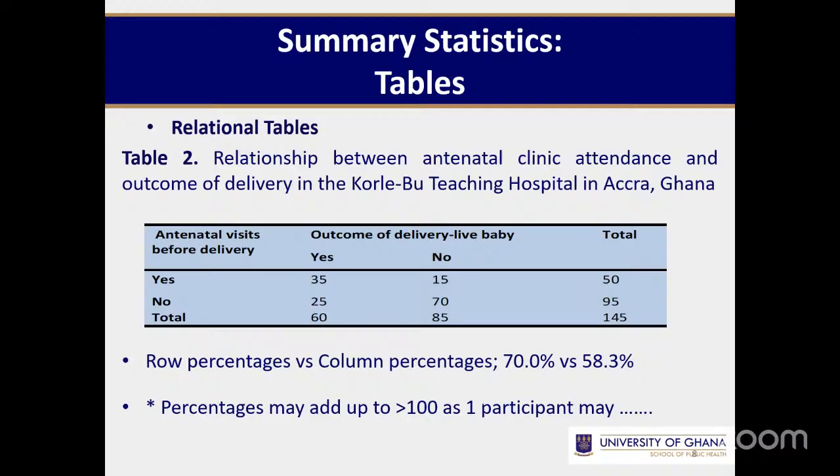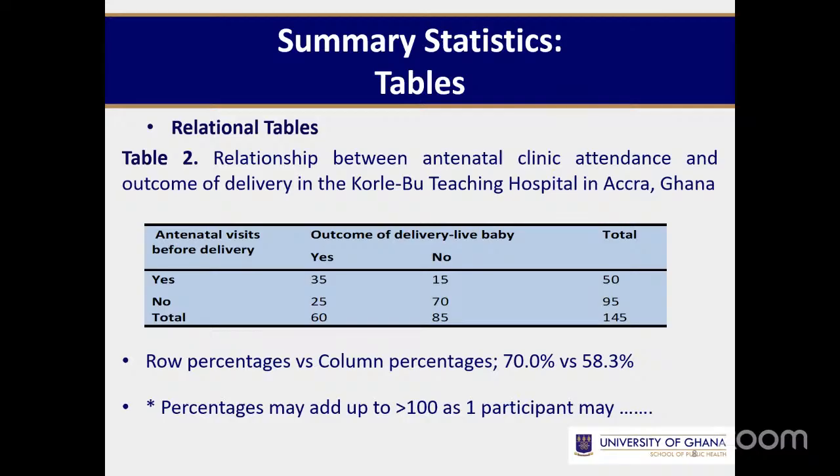Let's do a little exercise. Now, if you look at this table, you can see here, it says that we have antenatal visit before delivery and the outcome of the delivery, whether it was a live baby or not. When you do a cross tab, those who attended antenatal visit before delivery is yes. The outcome, yes.